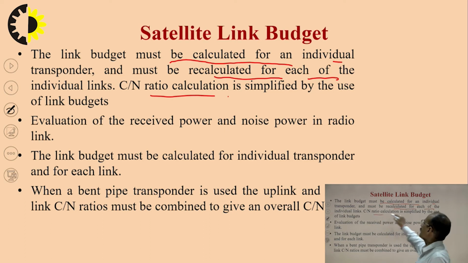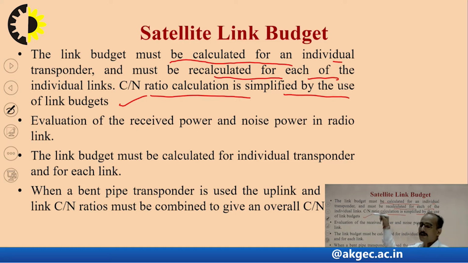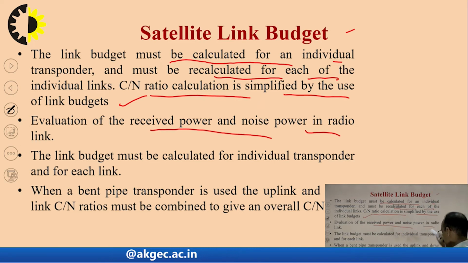The C by N ratio calculation is simplified by use of this link budget, and the C by N ratio also plays an important role in satellite link budget analysis. Evaluation of the received power and noise power in the radio link is also there.